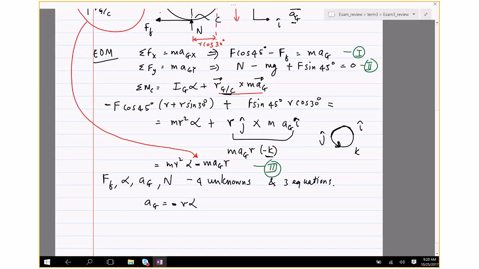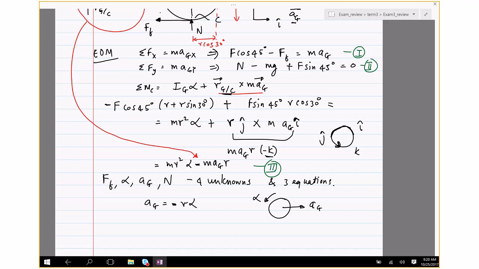Because alpha is this way, AG is this way. Alpha R is going to give you acceleration that way, so you need to turn it this way.